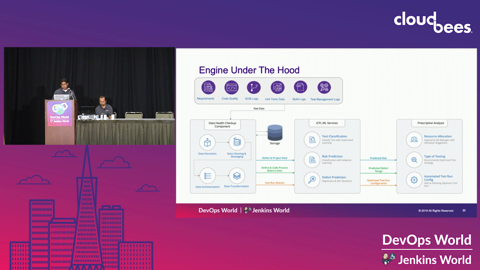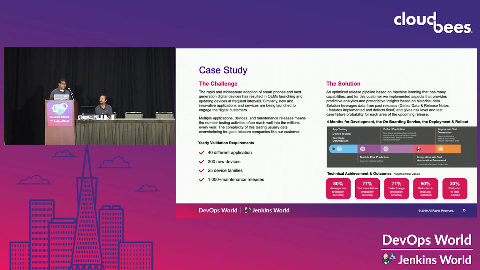So I just wanted to share a case study, like I was mentioning earlier, where we used this. We have a European customer dealing with phones. They are a large service provider. Just look at the size: they had 40 different applications running on 200 new devices.